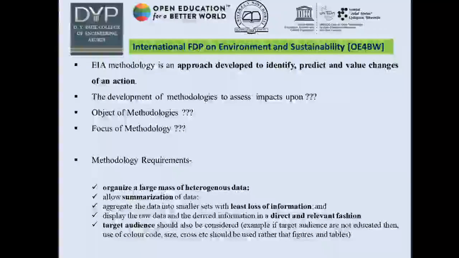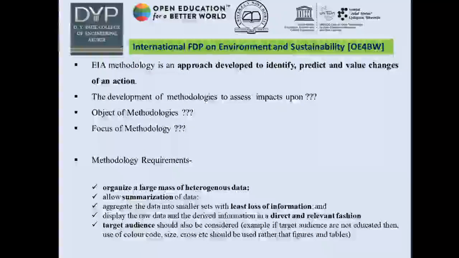So the next one will be the focus of methodology. What should the methodology focus on? We should list potential impacts, what type of usual common impact will be there in that project, and the dynamic integrated group of natural and social systems.